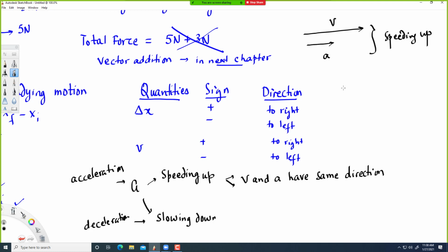But if your acceleration is pointing in the opposite direction, then that means you are slowing down. That's one rule you need to remember, and I will show you next time why this is true. We can show that mathematically. That's the last thing you want to know before we go to the problem on the worksheet.